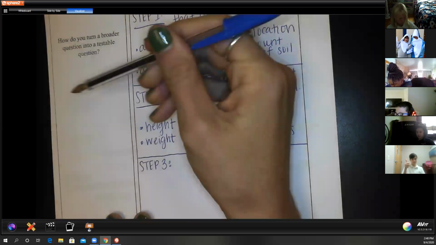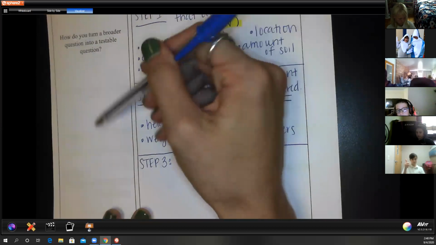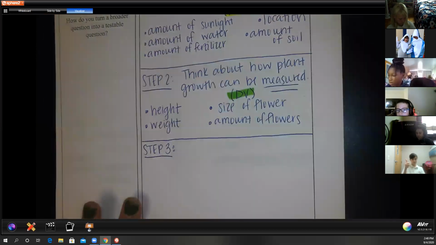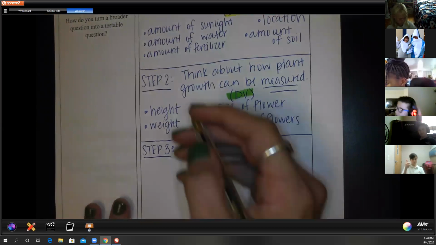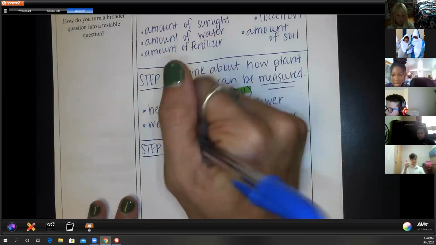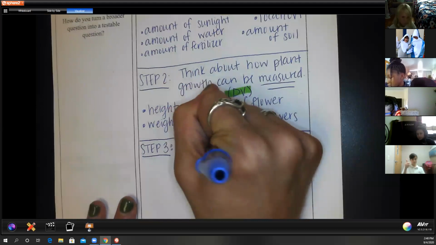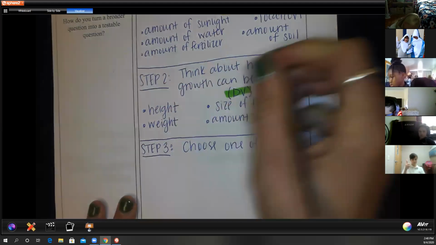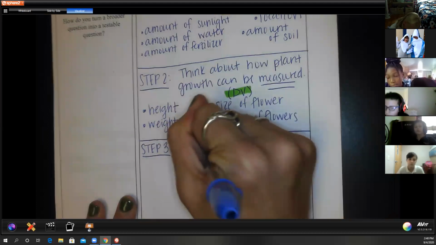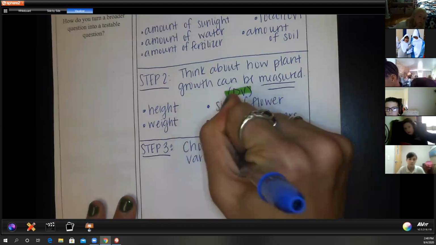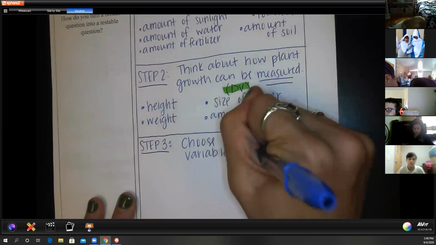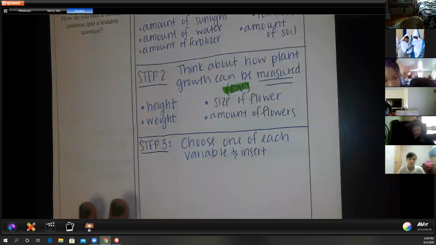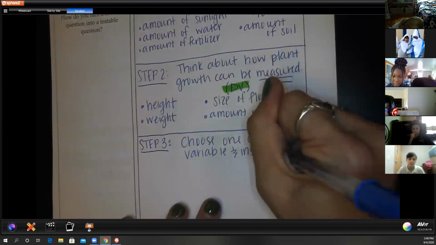I want you to do it on the side right here, if you ran out of room. Our third step is to choose one of each variable, and insert it into our format, just like we did on the last page.